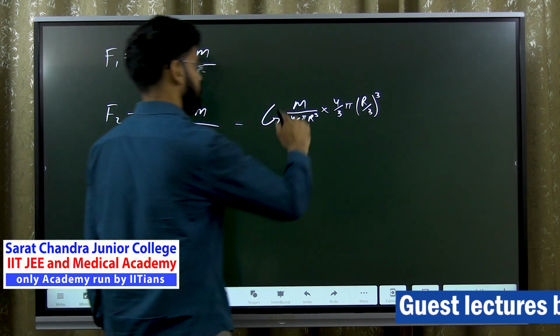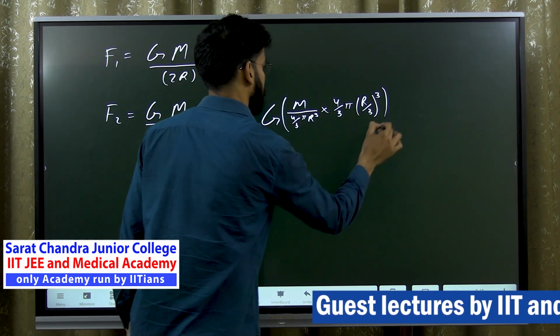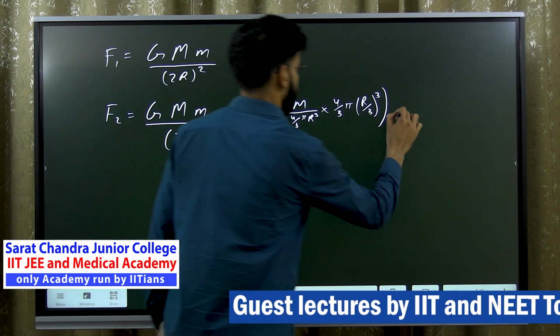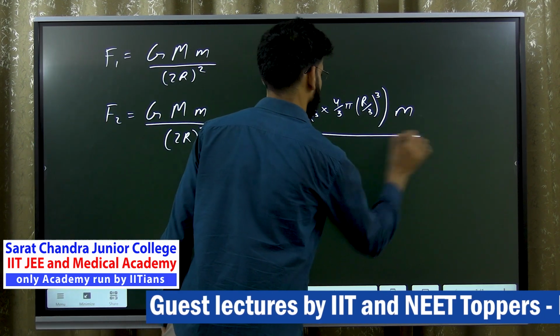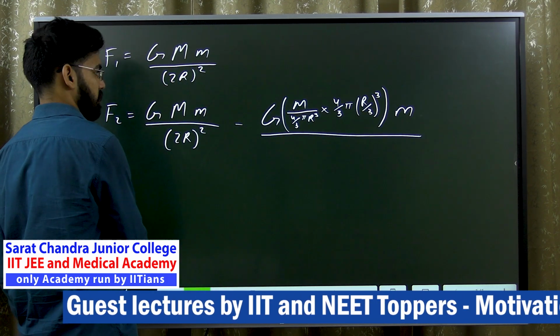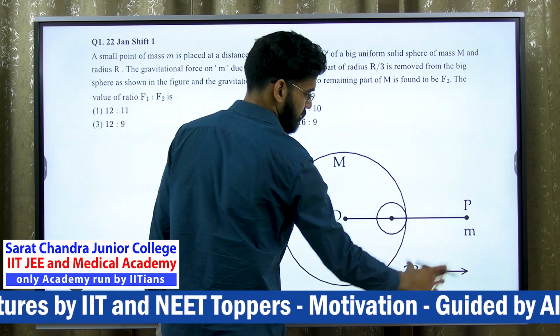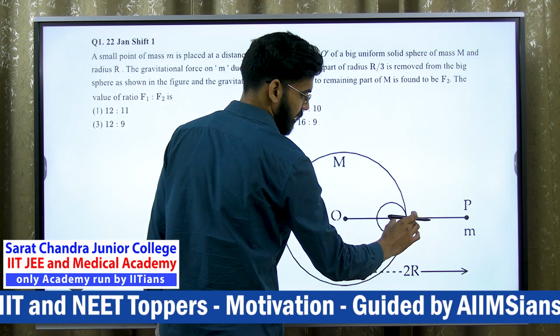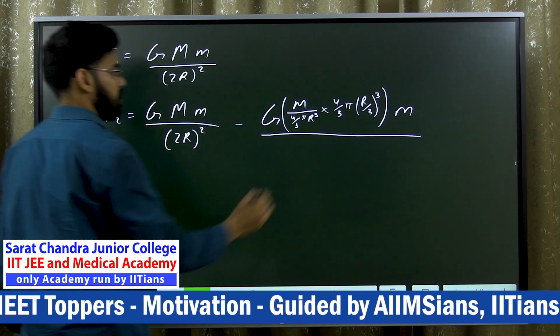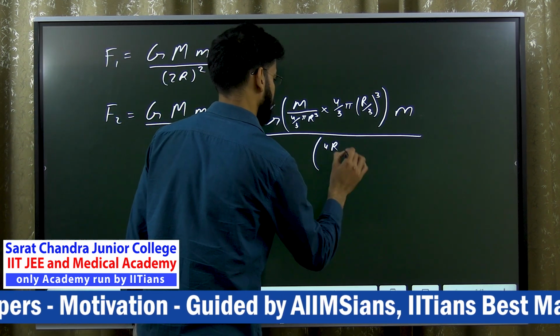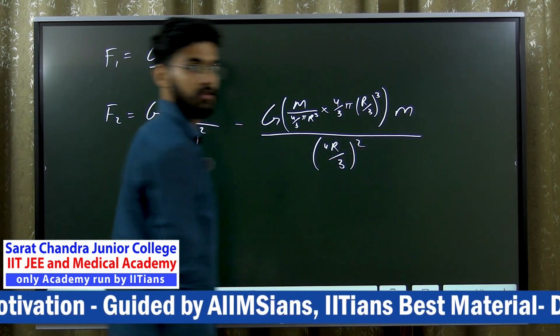Radius is r by 3. This is the mass of this cavity into small m divided by distance. Now see the distance from the center of this cavity till here. What is the distance? This is r and this is r by 3. So total 4r by 3. So this is 4r by 3 whole square.